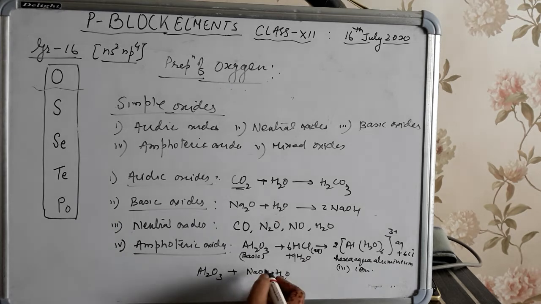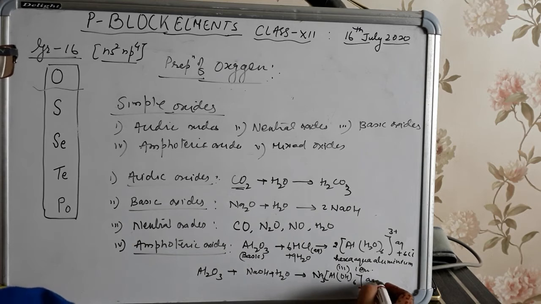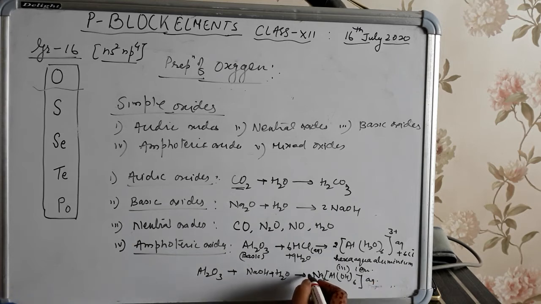Whenever aluminum oxide is treated in basic medium, it will form Na3[Al(OH)6] aqueous. What will be the name of this compound? So write down the name of this compound.